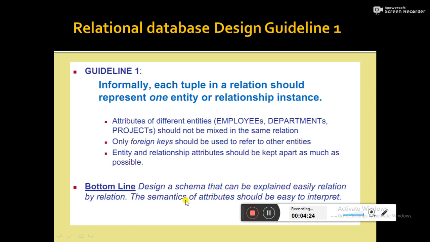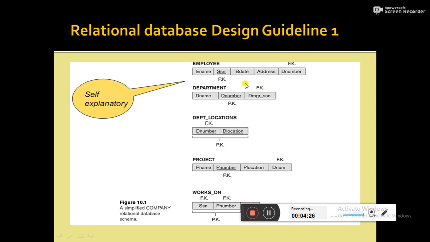Graphically, for example, we see employee name and SSN, the social security number. Each employee has a unique social security number, which is why it is called the primary key. B date means the birth date of the employee, then the address of the employee, and D number is the department number where a particular employee belongs.